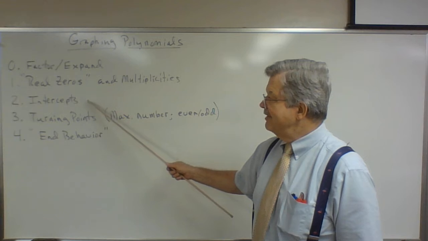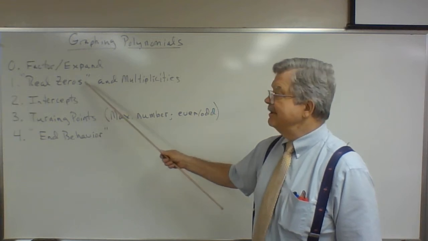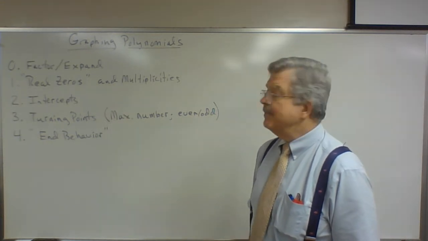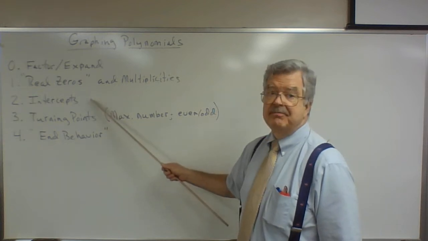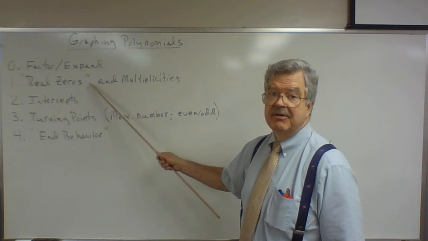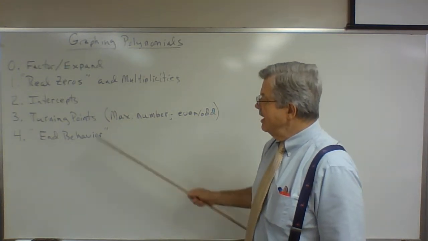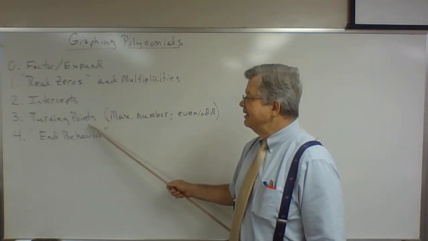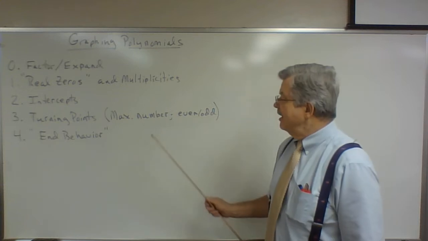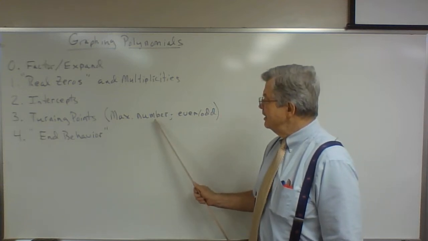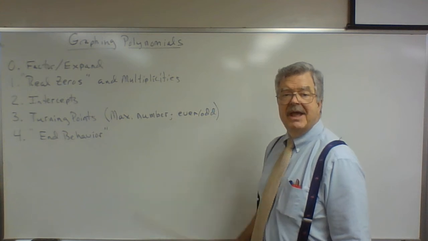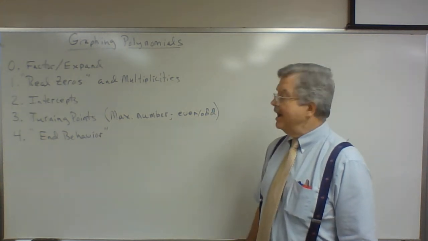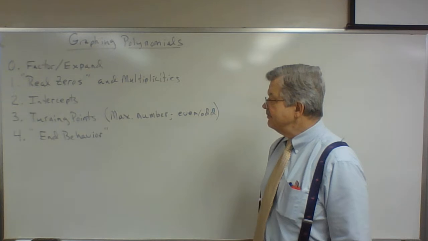Then find the intercepts, and that's very closely related to the real zeros. Remember that the x-intercepts, those are the real zeros. Next, we're going to consider turning points, the maximum number of turning points that we can have, and also whether we're going to have an even number or an odd number of turning points.